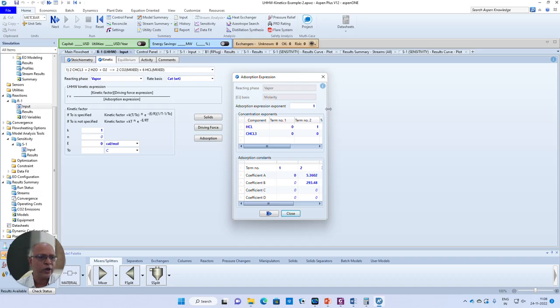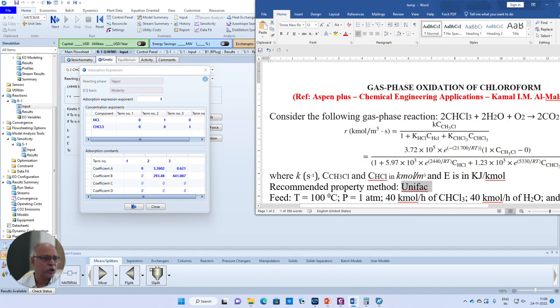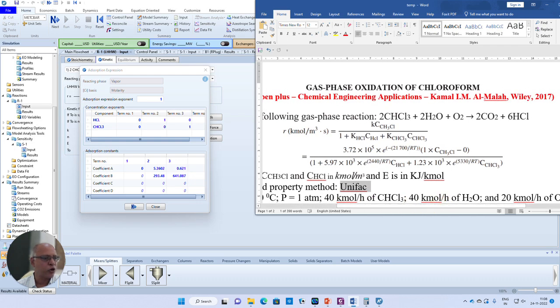The number of terms associated with adsorption will always be equal to 1, right? And you know, the adsorption term in this particular case is expressed to the power of 1. So that is what is meant by this adsorption expression exponent.